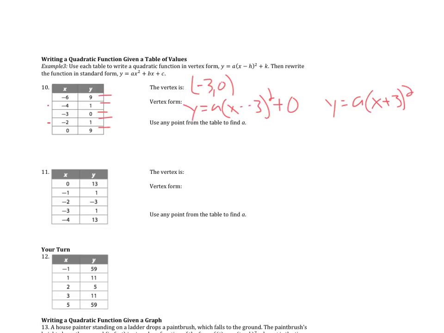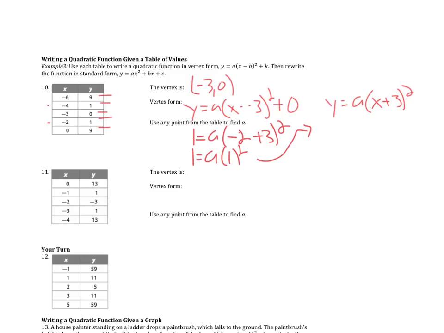And so I'm going to go with the negative 2, 1. So 1 is my y value. So I get 1 equals a, and then negative 2 plus 3 squared. Means 1 equals a. Negative 2 plus 3 is 1 squared.